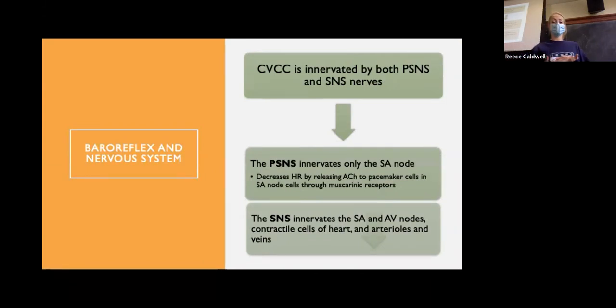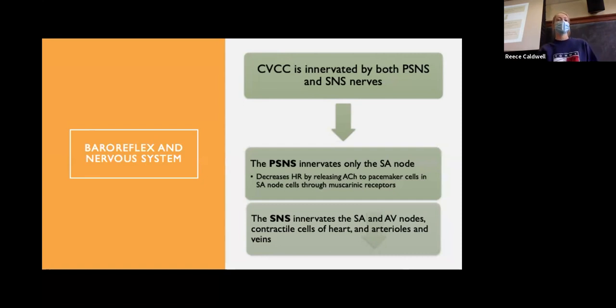The sympathetic nervous system innervates the SA node as well as the AV node, those contractile cells at the heart that we looked at last week that actually cause the contraction of the heart, and also some blood vessels, specifically the arterioles and veins. So the SNS innervates quite a lot compared to the PSNS, which only innervates the SA node.